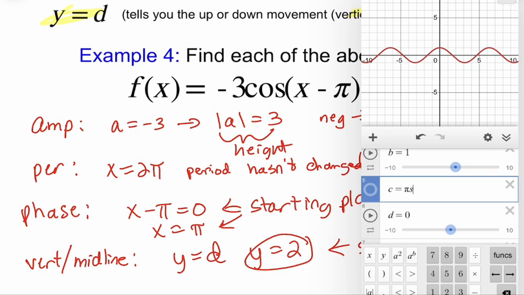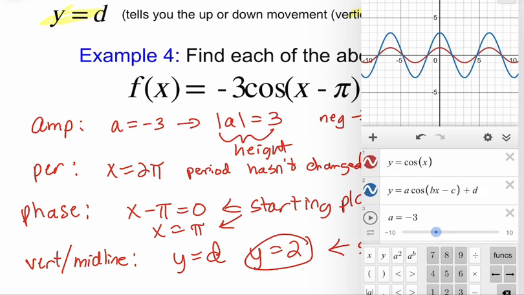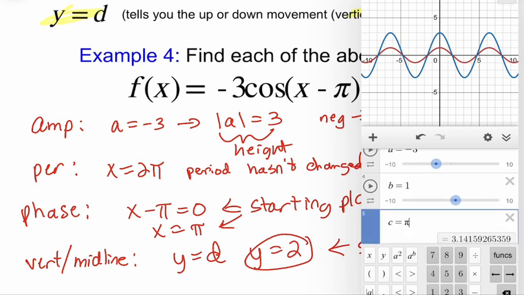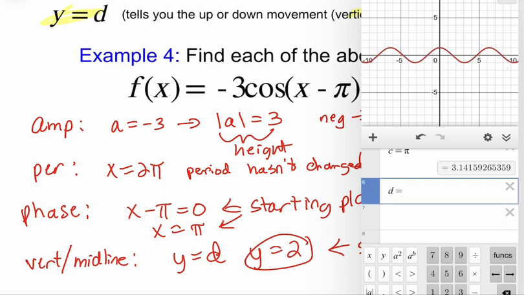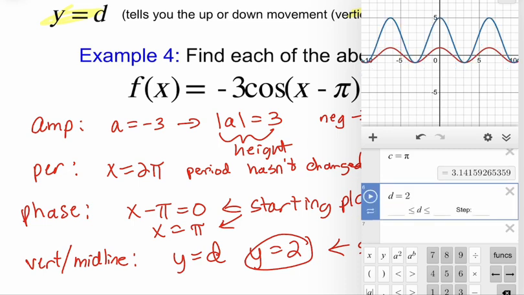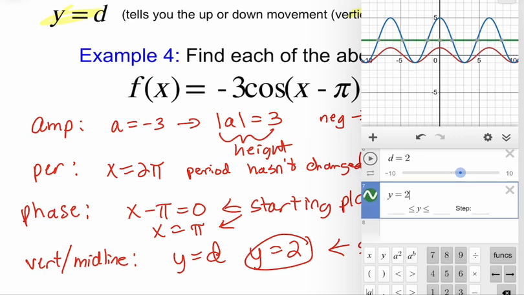So it should have moved to the right of pi, but let's make sure my c, yeah, so that's good. And then we just need the plus d, which was 2. Okay. So I'm also going to put in the actual midline y equals 2.